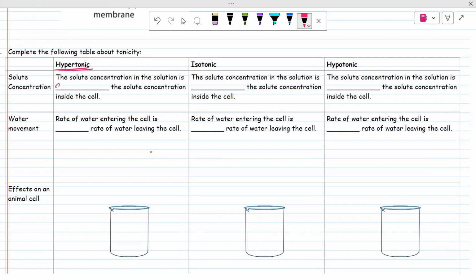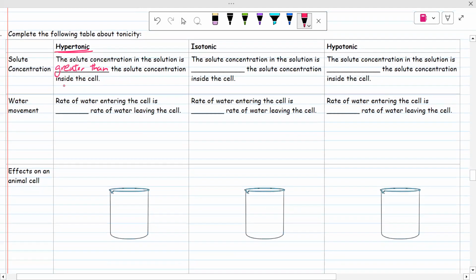It's greater than. That's what hyper means. Hyper means too much. So the rate of water entering the cell is less than the rate of water leaving the cell, because there's more solute on the outside, right?